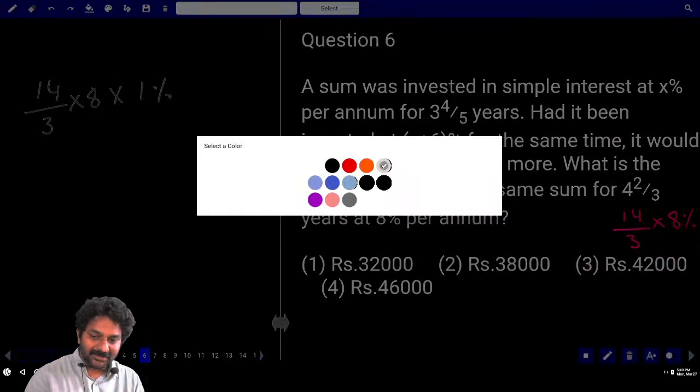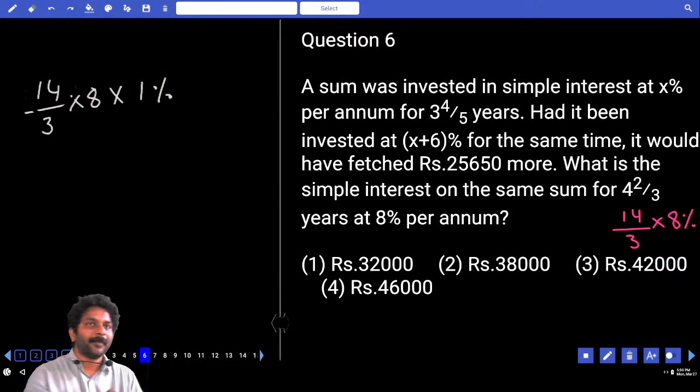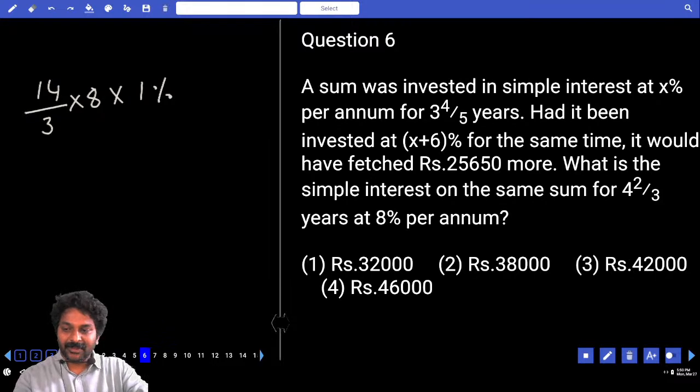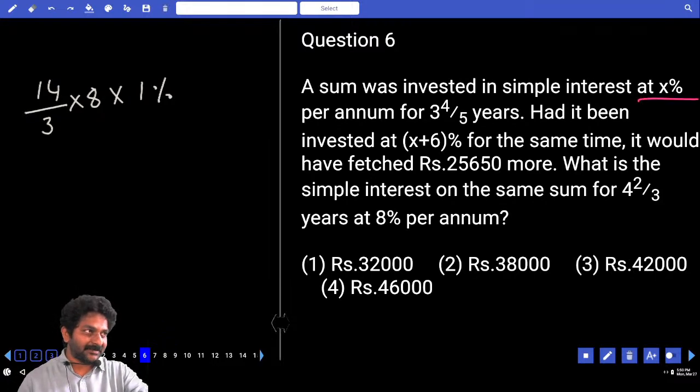Because what is here? It's a 7 multiple. In the denominator, do you have any 7 multiples? So the answer must be a 7 multiple. Yes or no? But that holds if the 1% value is an integer which will not have any denominator. Now when you look at your options, earlier it was X%, now it is X plus 6% for this much time period.